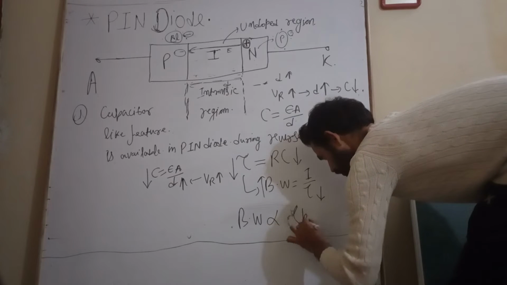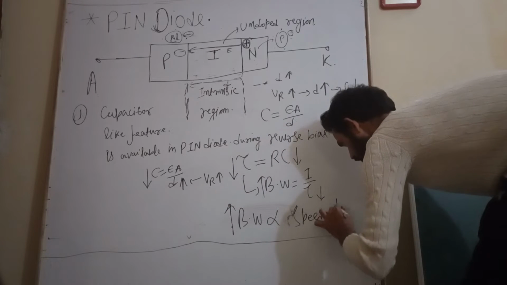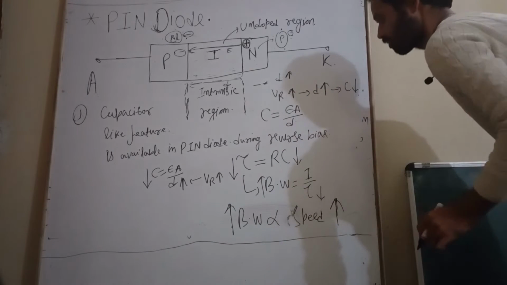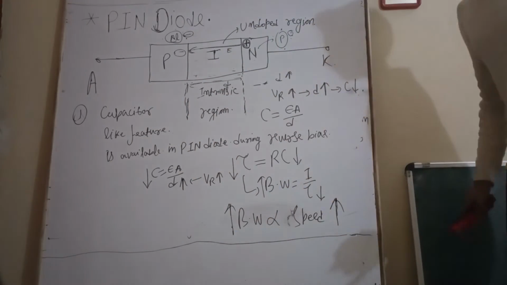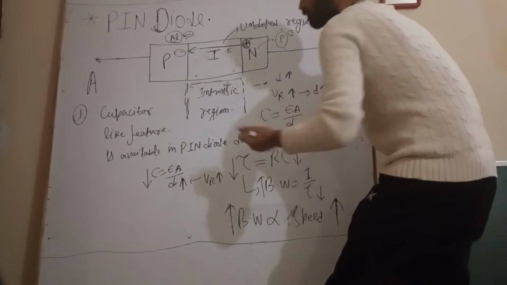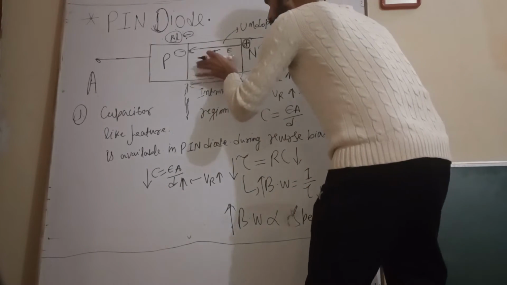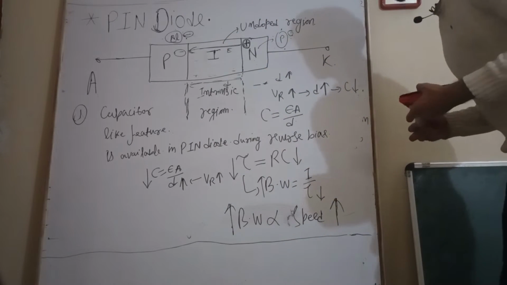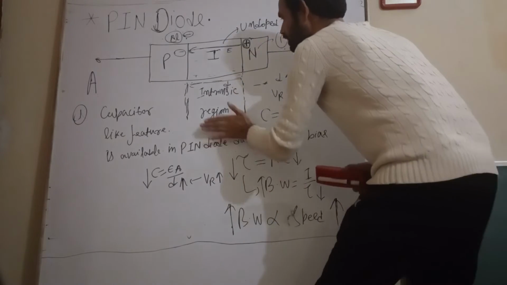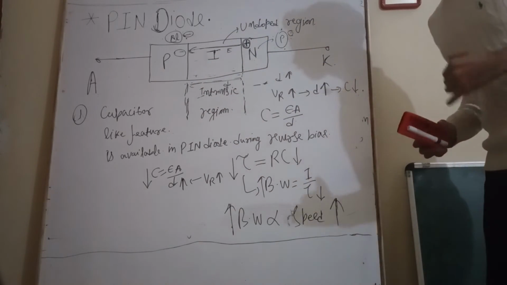Now, if bandwidth increases, speed increases. Which speed? The switching speed of this PIN diode increases. So the time response will get improved because of this intrinsic region.